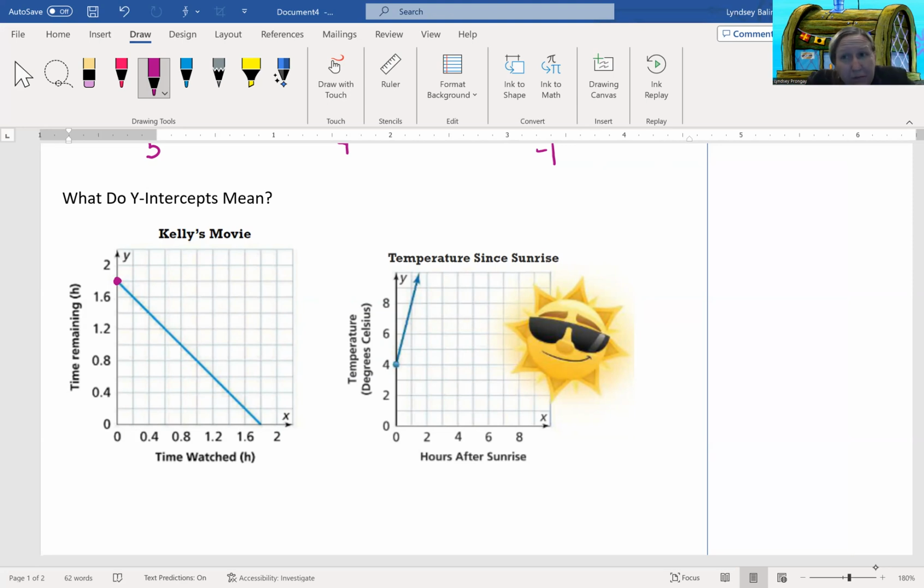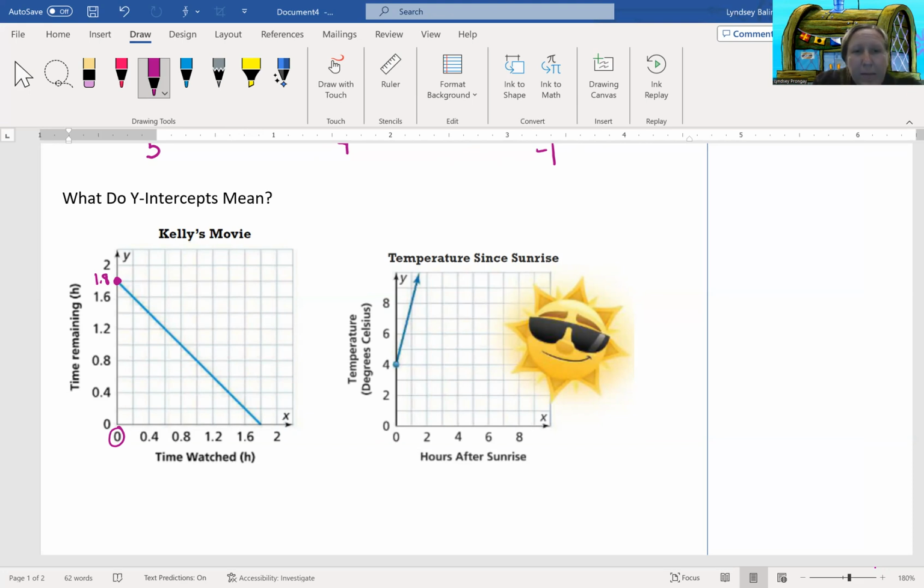Our y-intercept is going to be right there. But what does that mean? Keep in mind that we said y-intercepts happen when the x is 0. And our x is the time watched. So if no hours have passed in the time watching of the movie, this is a 1.8 right here because it's between 1.6 and 2.